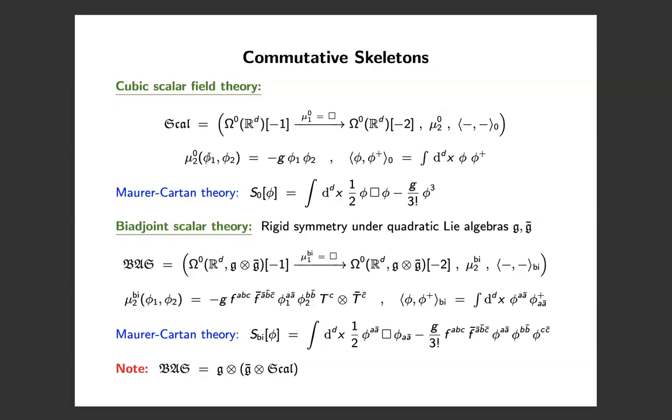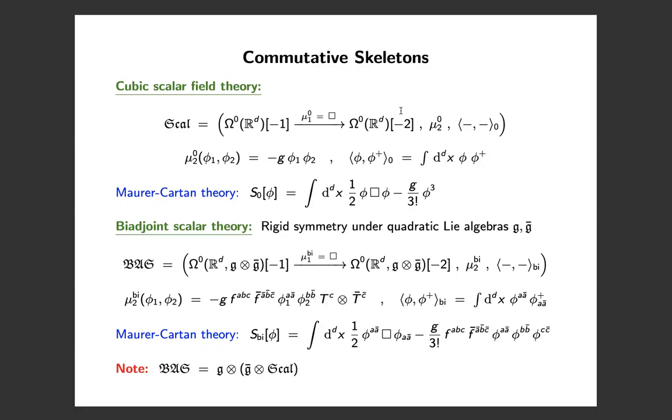So the bracket is just the ordinary pointwise product of fields, where the fields always live in this degree 1 component. And the only non-zero pairing is between a field in degree 1 and degree 2. I distinguish those by saying the fields in degree 2 have a plus superscript, and I just take their product and integrate them.